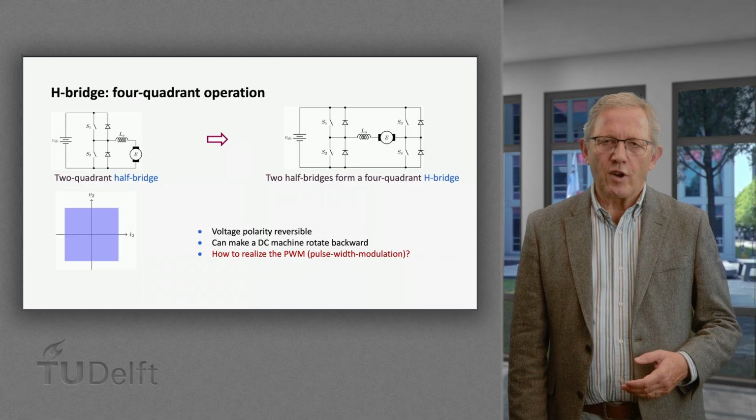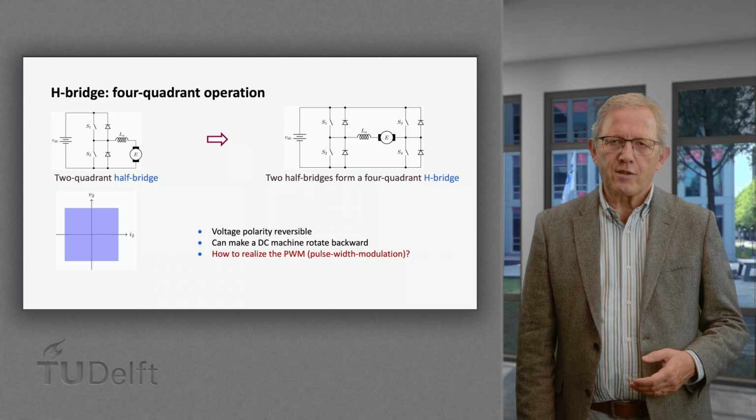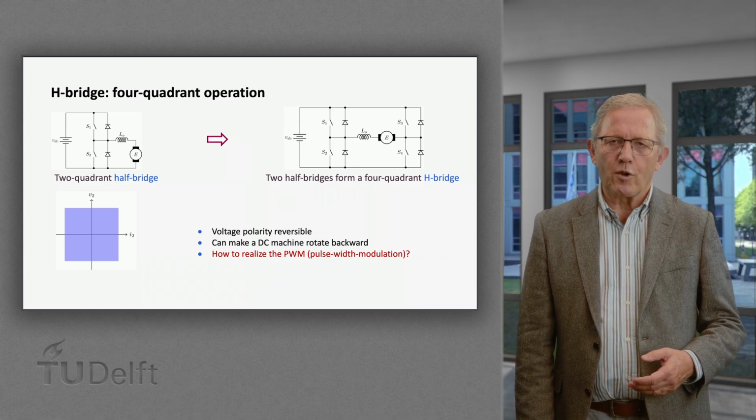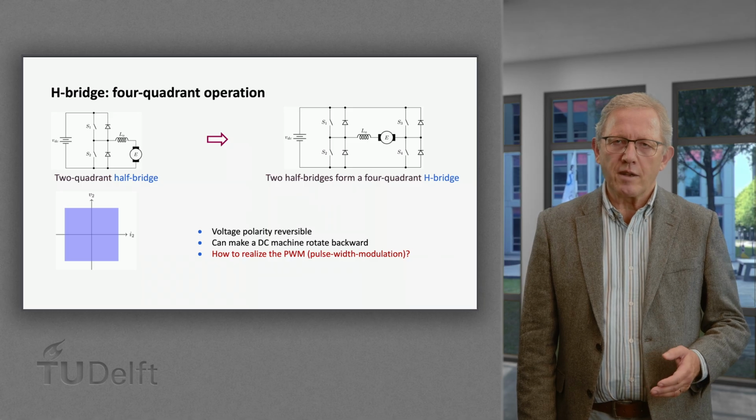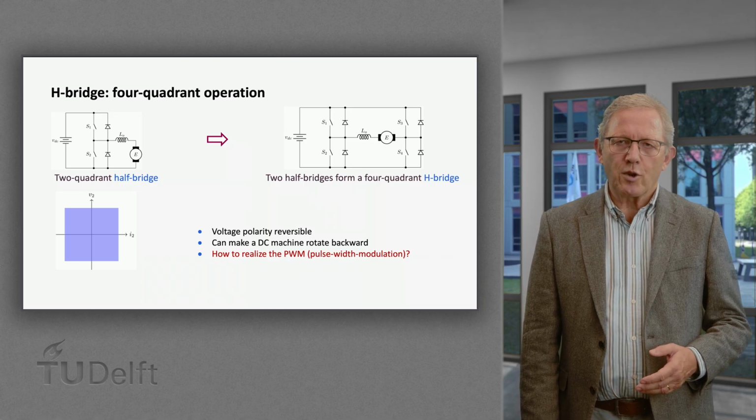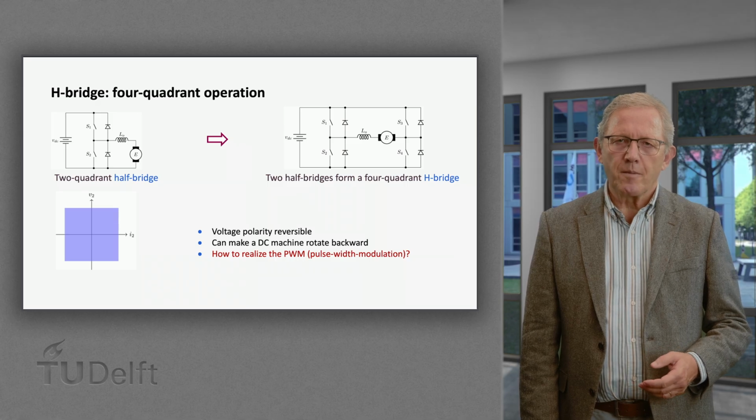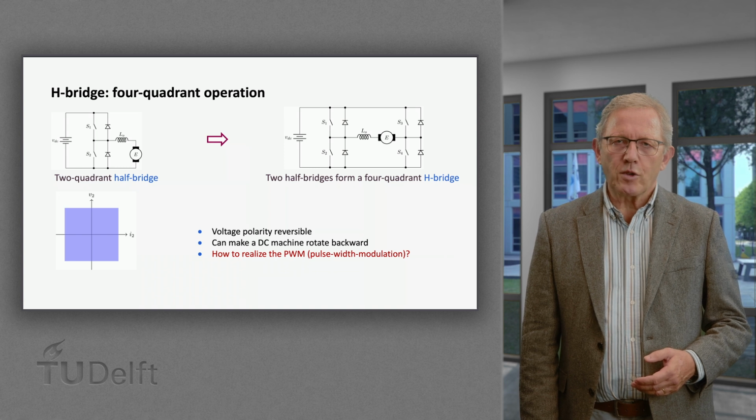If we control the two half bridges so that the left one has a lower output voltage compared to the right one, the motor voltage polarity is reversed, so it can rotate backwards. The remaining question is how to realize the PWM so that the output voltage follows our reference.